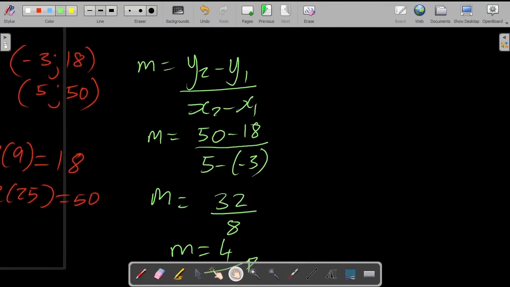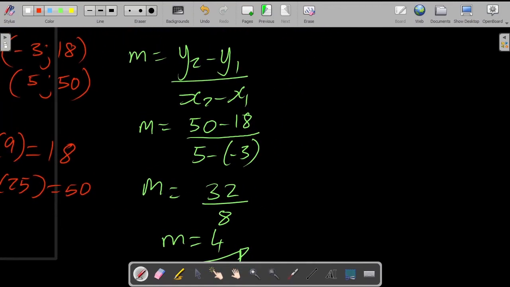And to have a look at this in terms of the notation, which you don't really have to worry about. If you look at 5 and -3, the h there would be 5 minus -3, which is basically 8, right?